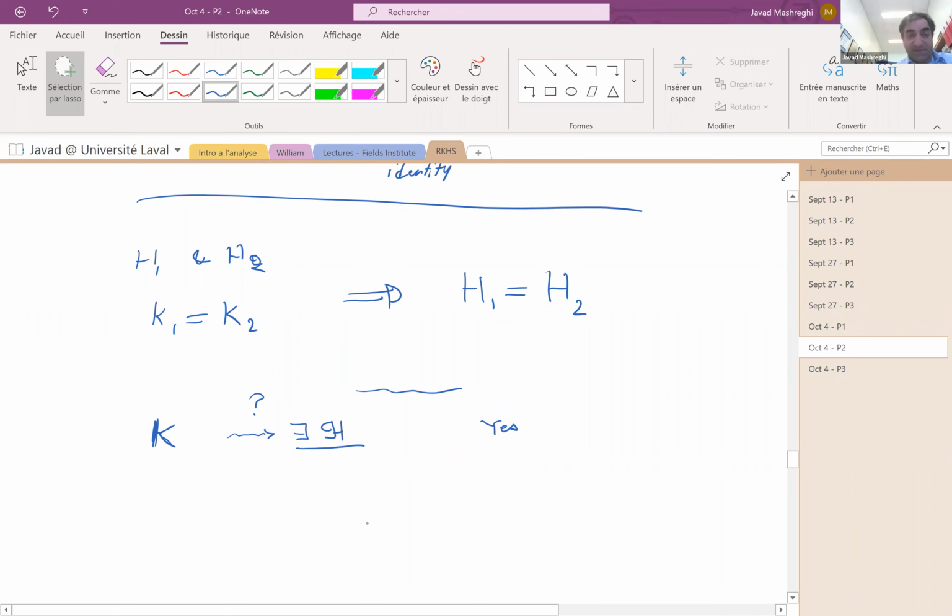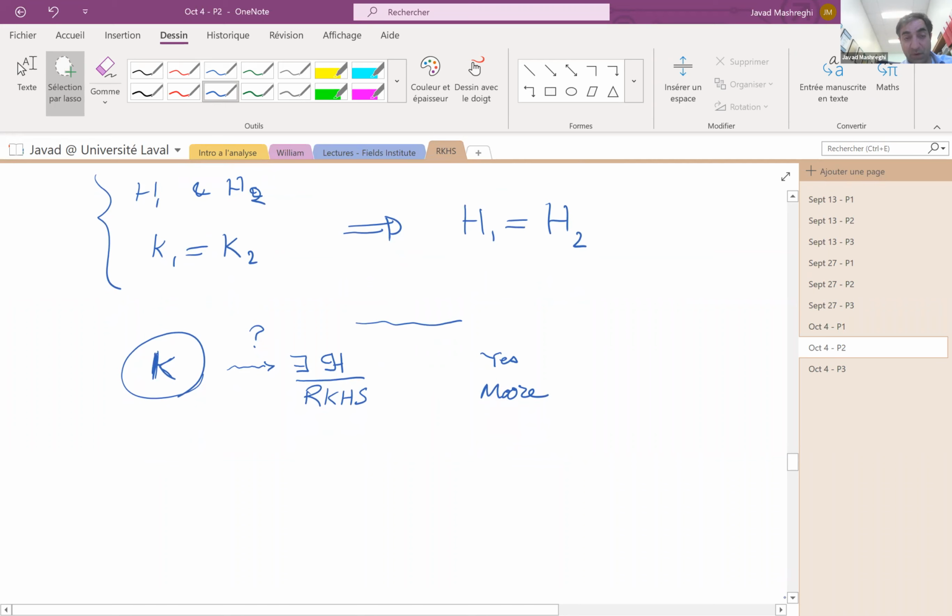So this is half of the story, the easy half. The other half, which is a bit more detailed, is that the kernel is given, and we want to see if a function space exists such that for this RKHS, the kernel is precisely the one given before. And we will see the answer is yes, based on Moore's theorem.